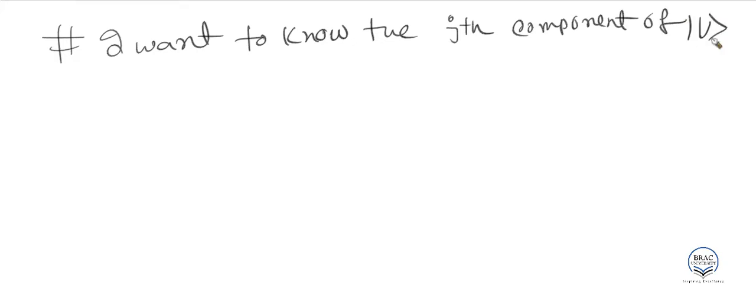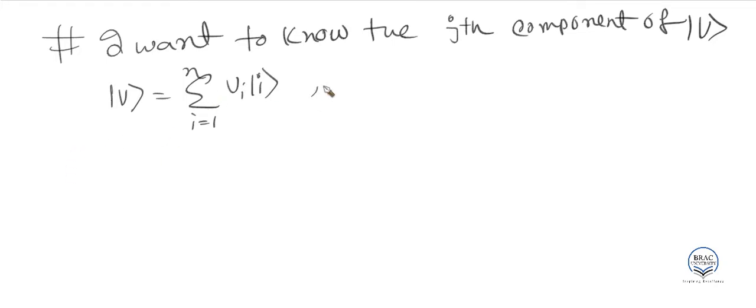But now let's say I want to know the jth component of V. How can I do that? Again, the idea is similar to the vector analysis results, that is, instead of the dot product, now we take the inner product. So let's first write it down, this V again. This is the sum over i equals 1 to n of vi |i⟩, and we want to know the jth component, right?